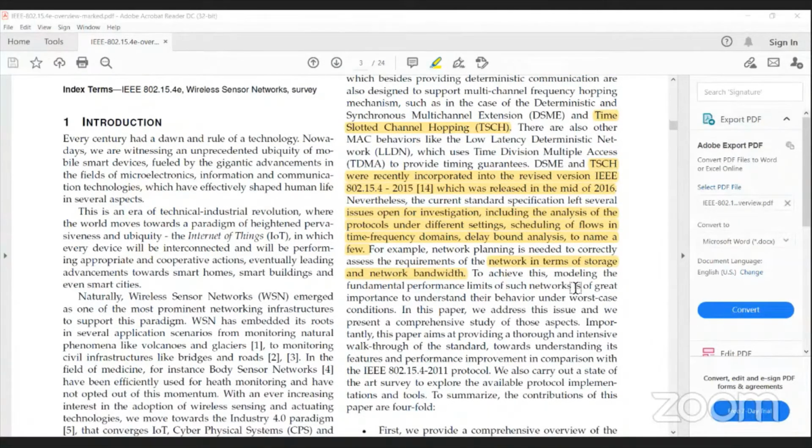Okay. Now, there are several issues open for investigation when you build such a MAC. Including analysis of the protocol itself, then under different settings, then scheduling of flows in time-frequency domains, delay bound analysis, to name a few, and so on. Right? Here you have to note one thing.